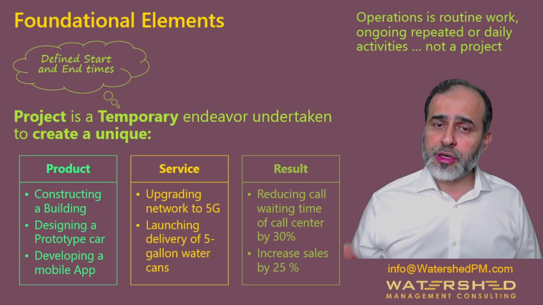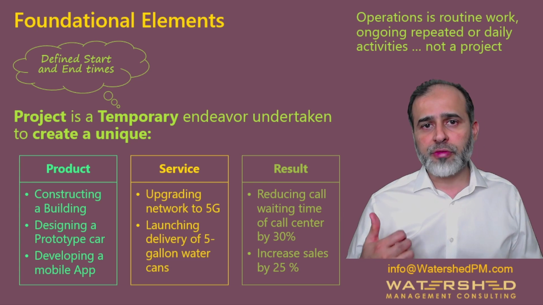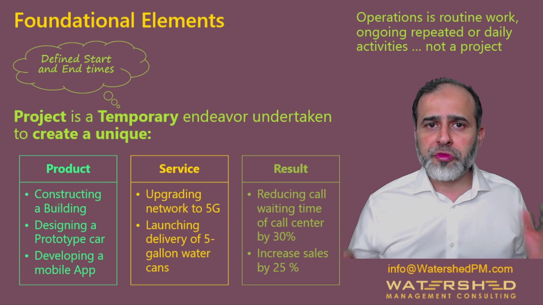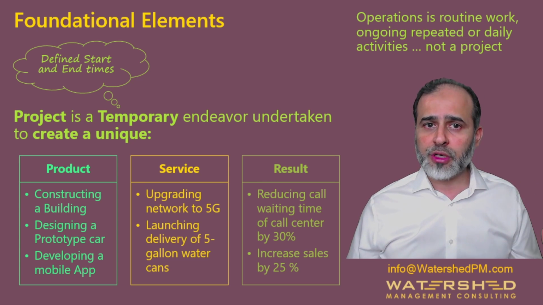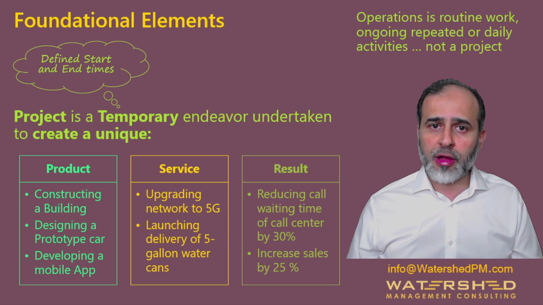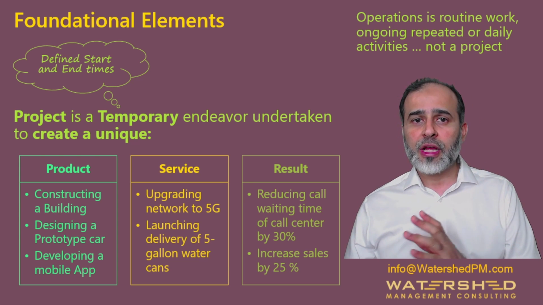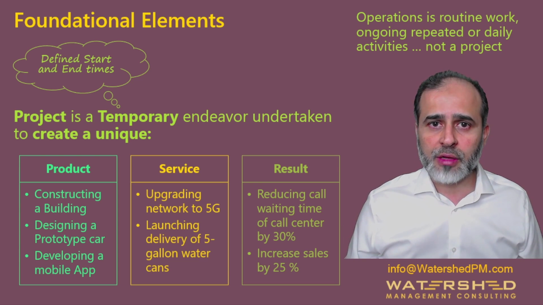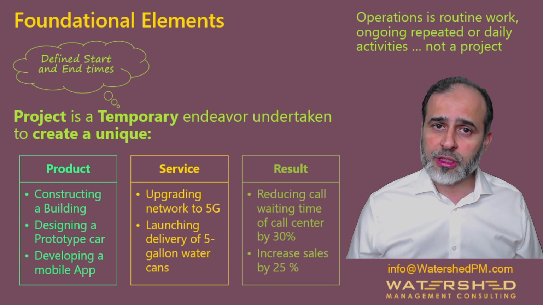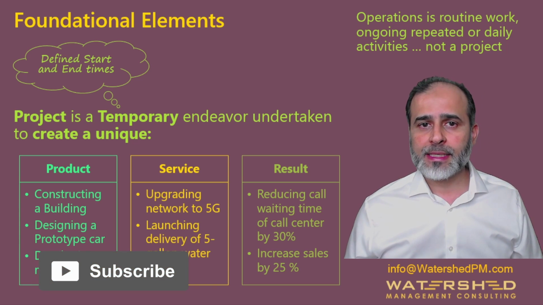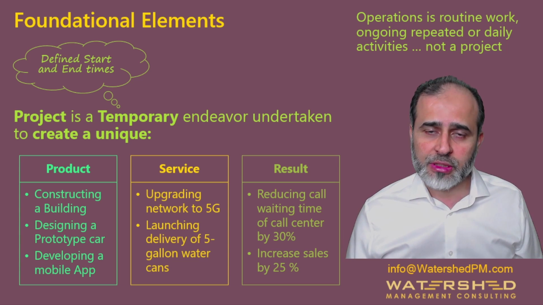You may add resources, you may change the IVR menu that people get when you call, and whatever you feel is required to be able to achieve that objective of reducing the call waiting time by 30%, you would identify all of them, add it to your project scope, get it done, and by completing your project, you would have reduced the average call center waiting time by 30%. So that's an example of a project whose outcome is a unique result, which is now the call waiting time on average is 30% less.